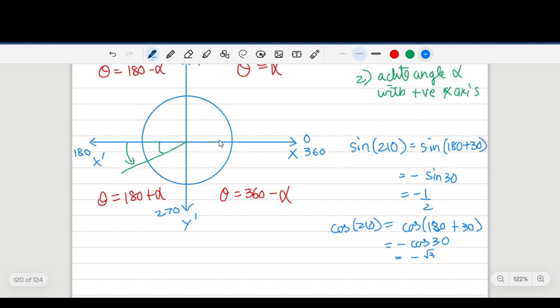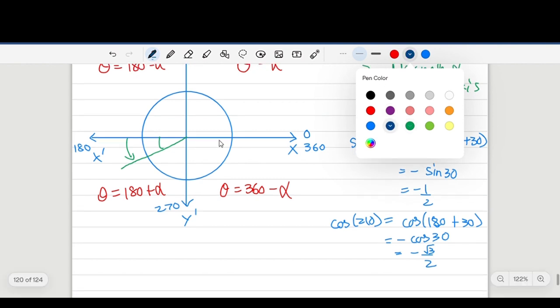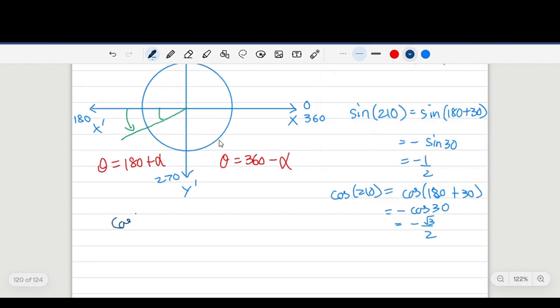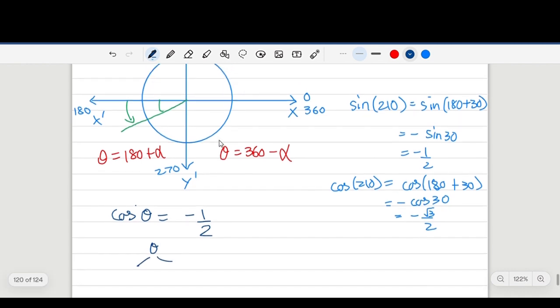Now the other way around, I'm giving one more example. If you are given cos theta is equal to negative 1 over 2, how do you find theta? To find theta, we first discuss where cos theta is negative.